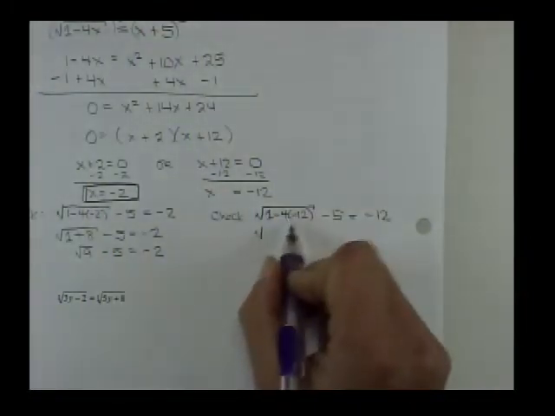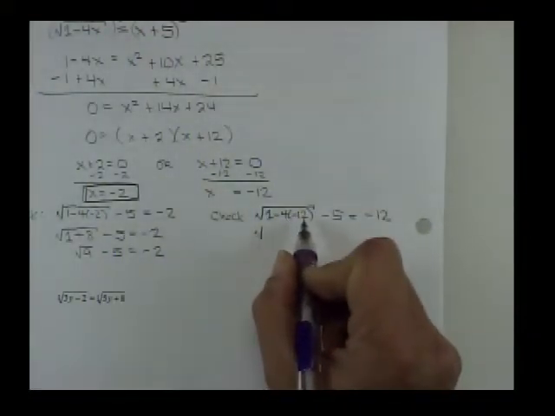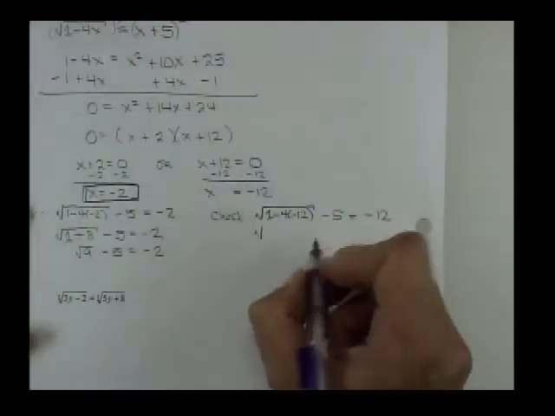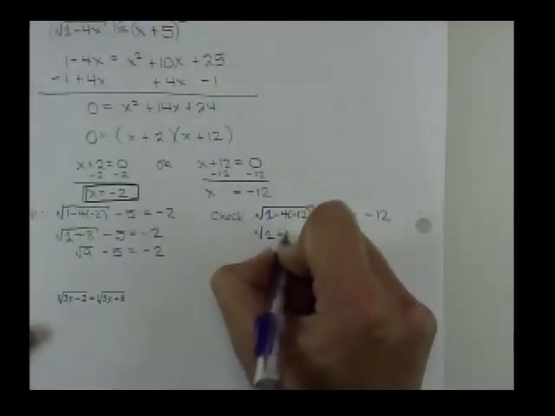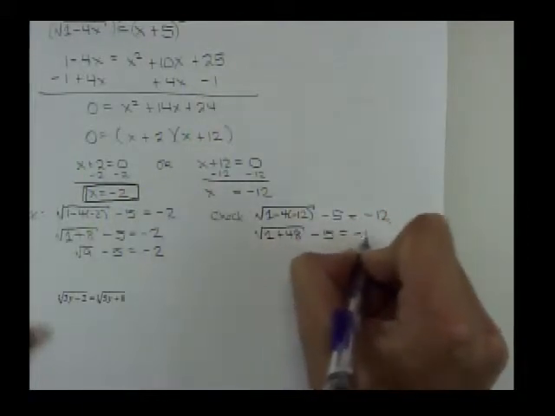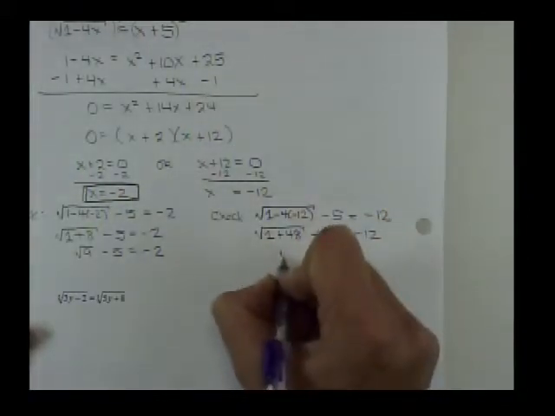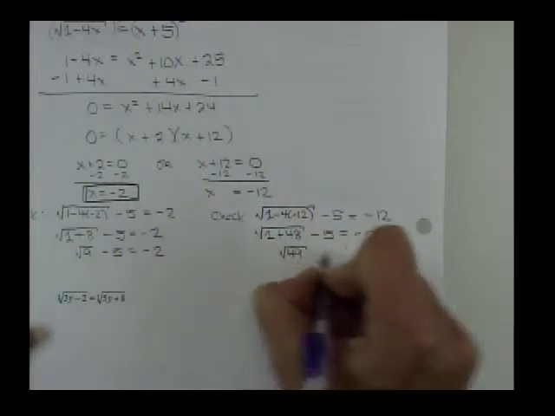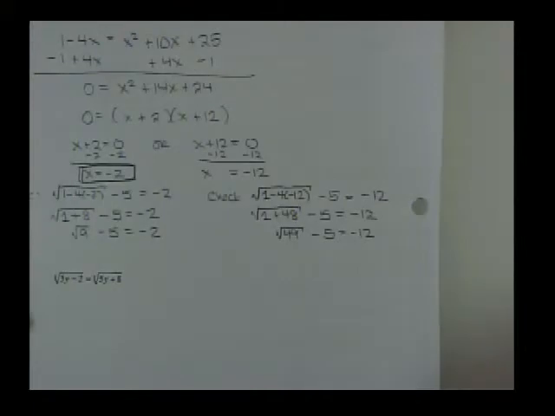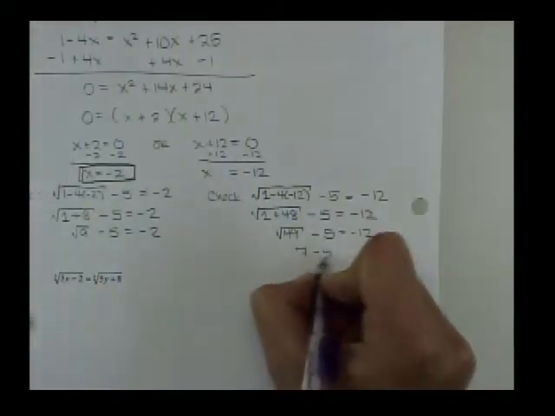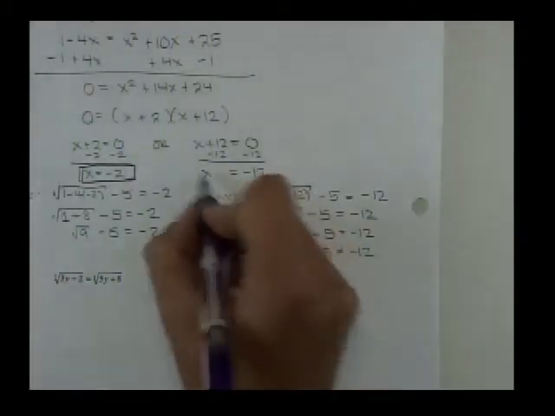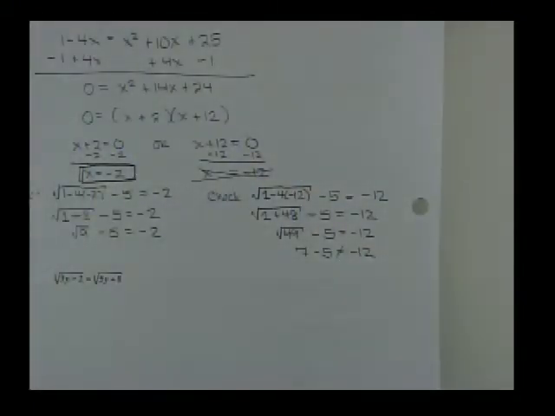Okay, so 4 times negative 12 is negative 48. 1 minus negative 48, so that's 1 plus 48, minus 5 equals negative 12. So square root of 49 minus 5 equals negative 12. What's the square root of 49? 7 minus 5 equals negative 12. Is that right? No. So this one is not a solution.